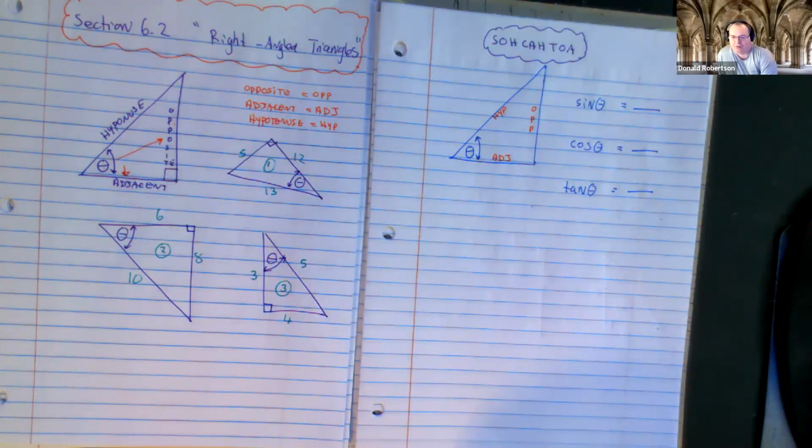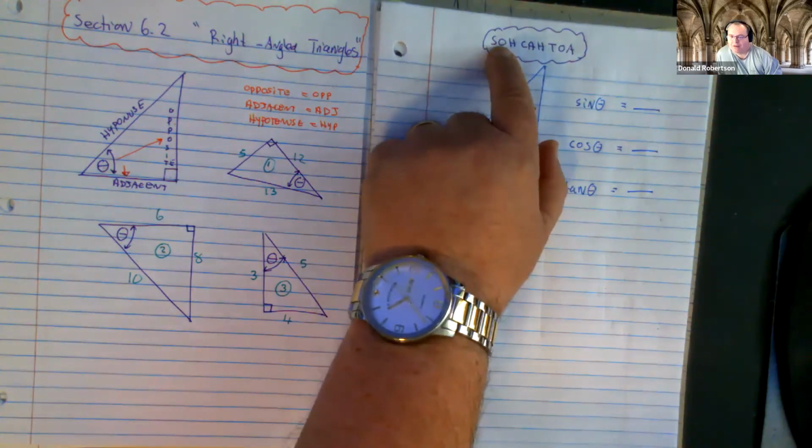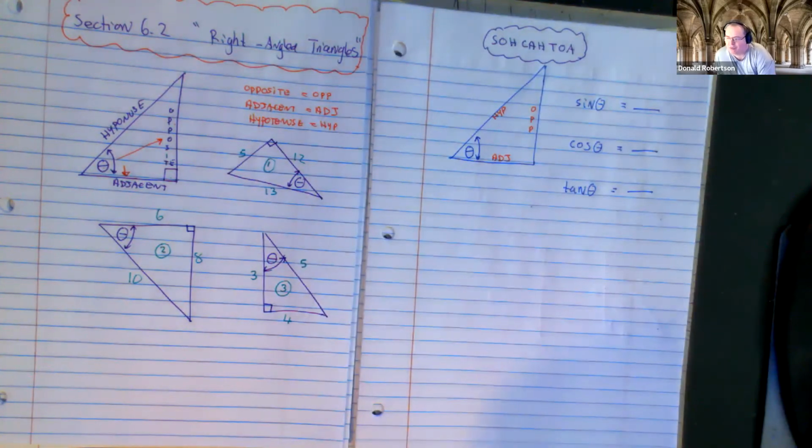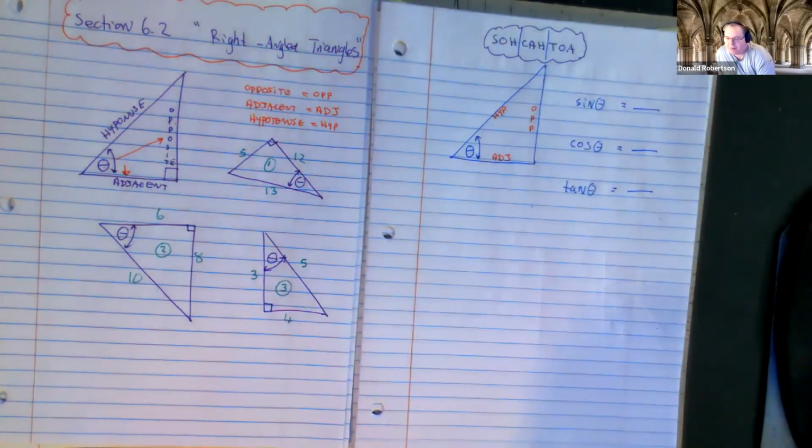Have you heard of SOHCAHTOA before? If you've never heard of it before, it's like Krakatoa. Remember the volcano that exploded? Those movies about it, right? It sounds like that. It's called SOHCAHTOA, and it's basically 3 bits: a SOH, a CAH, and a TOA.